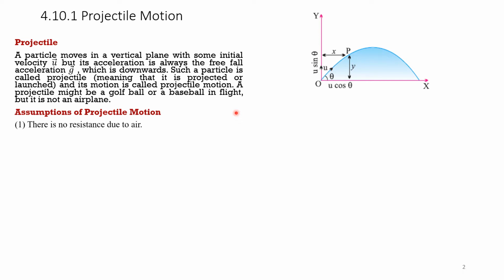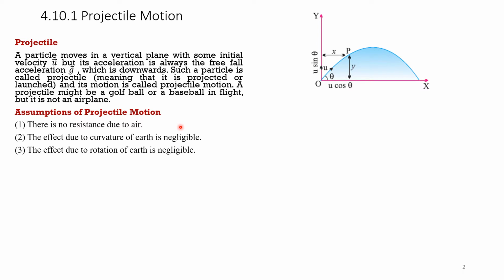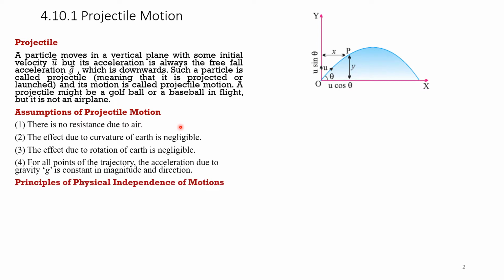These assumptions are: there is no resistance due to air, the effect due to curvature of Earth is negligible, the effect due to rotation of Earth is negligible, and for all points of trajectory, that is the path of projectile, the acceleration due to gravity g is constant in magnitude and direction.